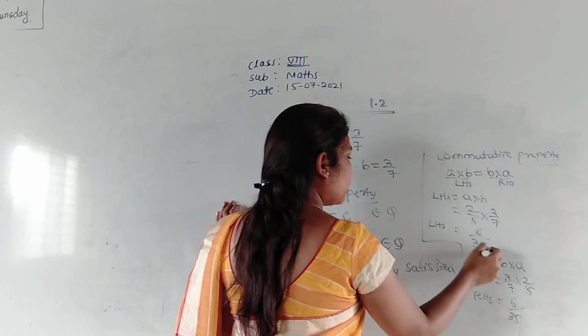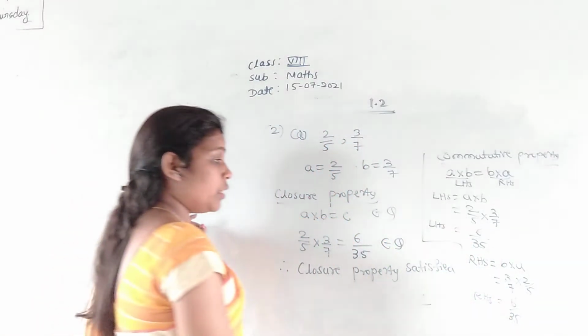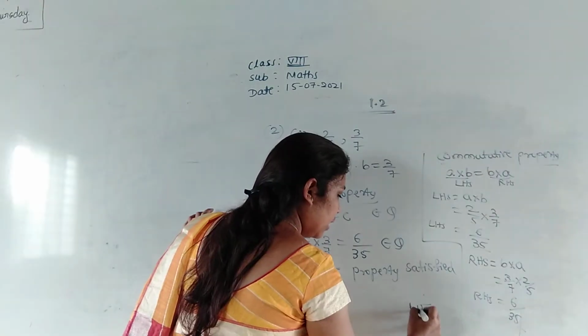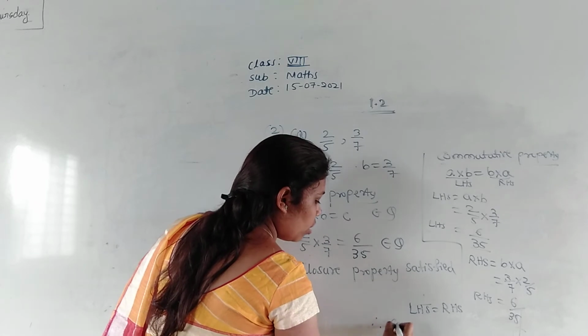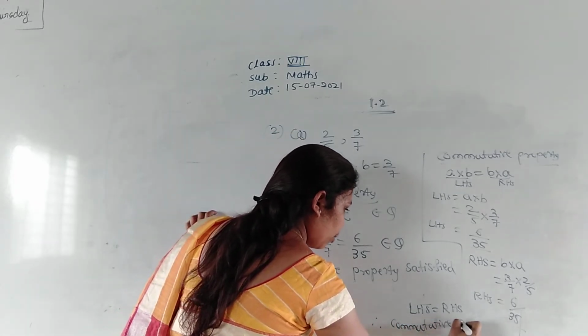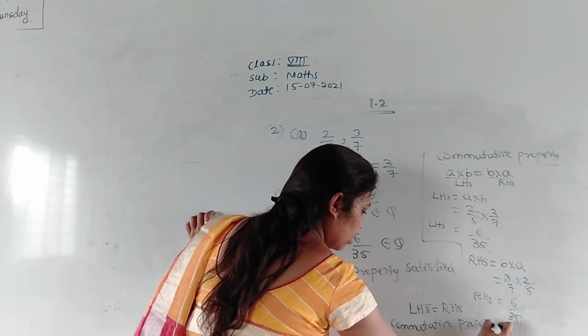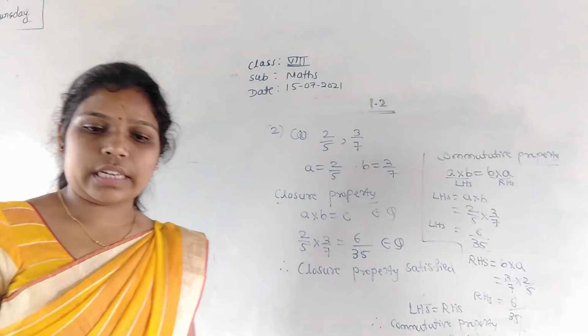So now observe the LHS as well as the RHS. What are we getting here? LHS is equal to RHS. Therefore, commutative property satisfied. Okay, so that is the meaning of that one.